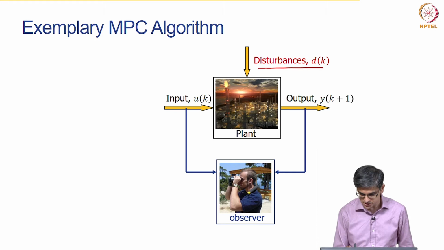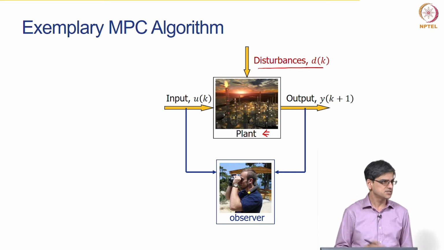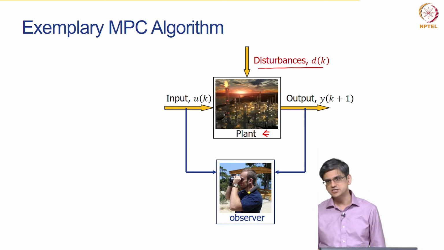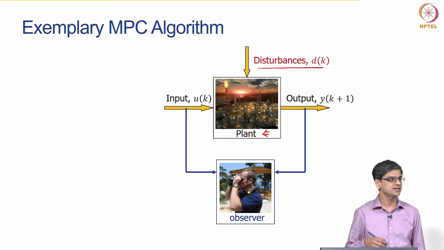So, as you see that this is a plant model, and then your MPC itself has a model. Now, that model may be the same as plant model as we will do in today's example, or it might be different. The plant model might be a nonlinear model or might have certain uncertainties and all that associated with it, whereas the model is something that the MPC as well as the observer is going to use.